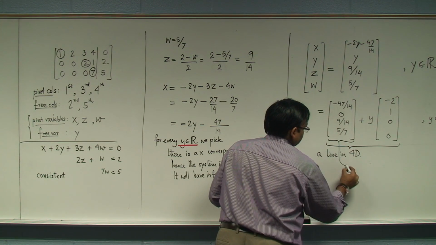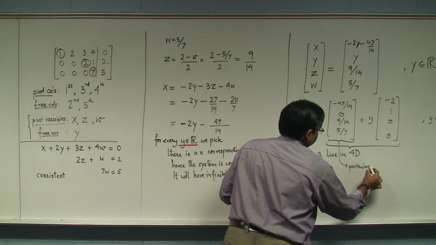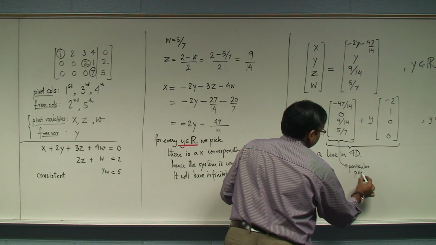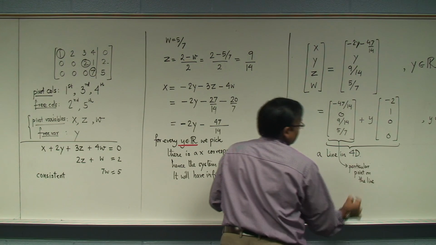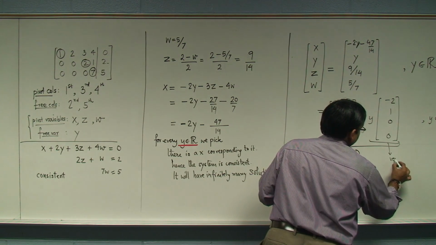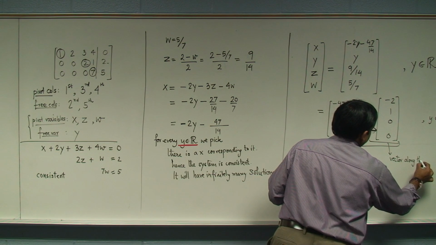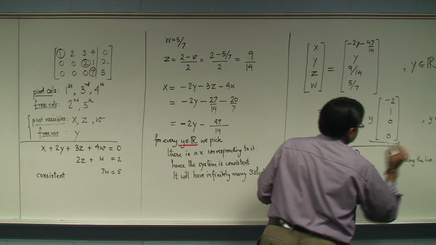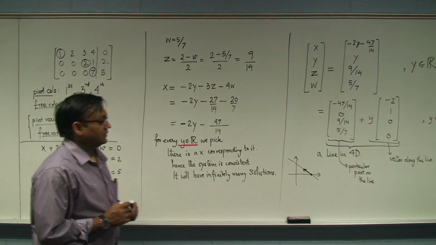This is the particular point on the line. And this is what we say is a vector along the line.